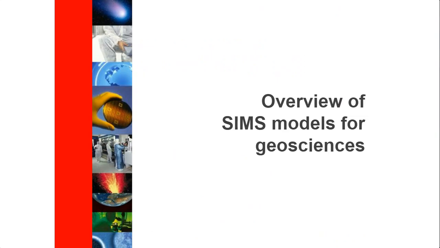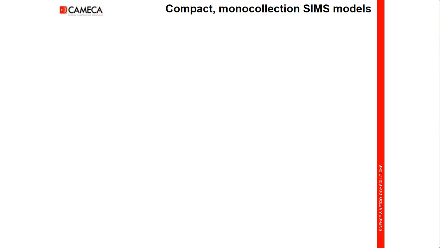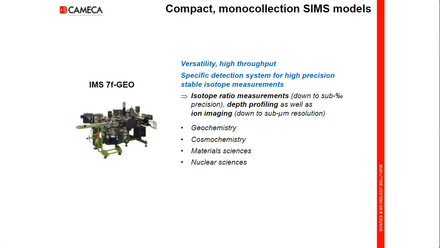I would like to finish this talk by a short overview of CAMECA SIMS models for geosciences. In this talk, we have presented the IMS 7f-GEO, which is a compact monocollection SIMS model. Its strengths are its versatility, its high throughput, and a specific detection system for high-precision stable isotope measurements.